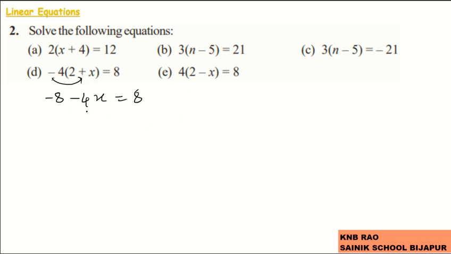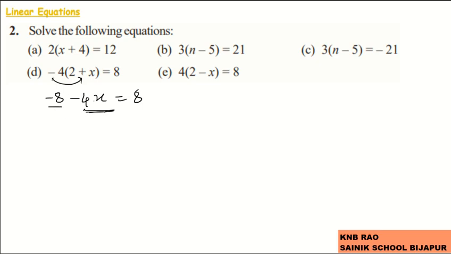Now students, minus 8 minus 4x. Now what to be transposed first? This variable term should be kept as it is. Other than this, we have to remove the rest of the things. Now this minus 8 is to be transposed.